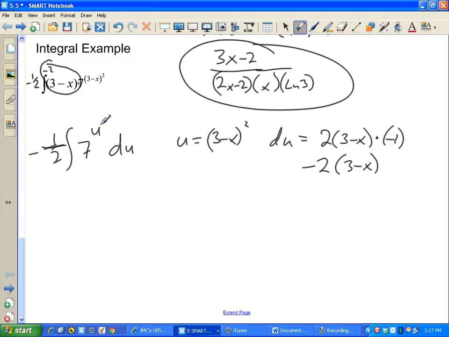In order to integrate 7 to the u, I get 1 over the ln of 7 times 7 to the u. U, of course, is 3 minus x squared.